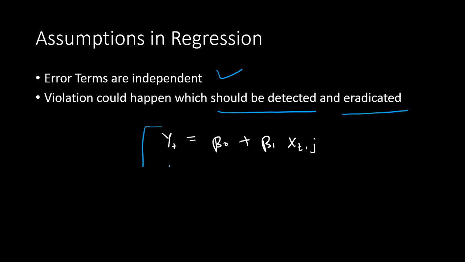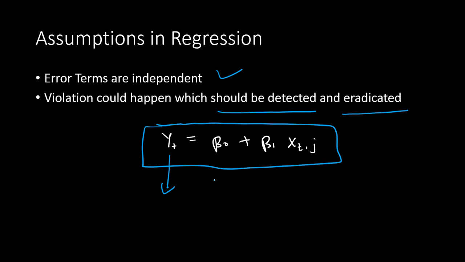So here is a linear regression equation. It's an example of an equation in which we would come across this case. Not in all cases though, but we have chances of facing this issue in such cases. So here is this equation. We have a dependent variable which is time series in nature, and most importantly we have the independent variables which are also time series.